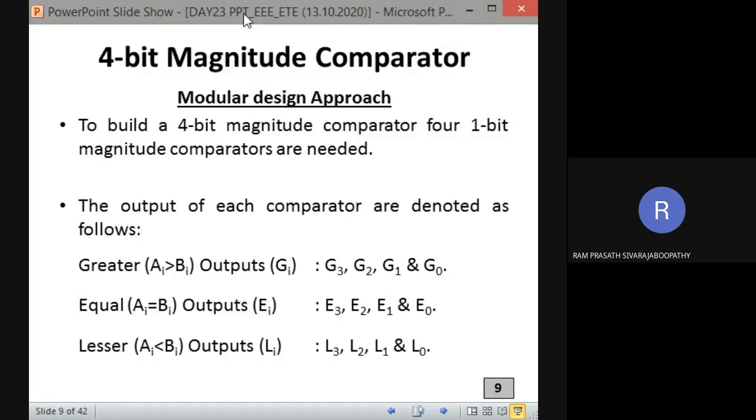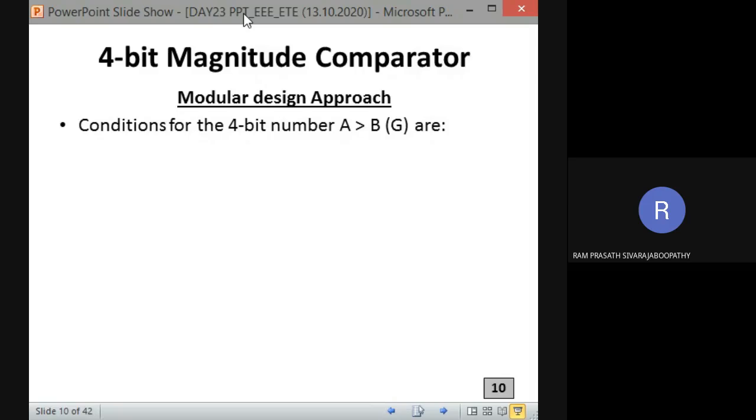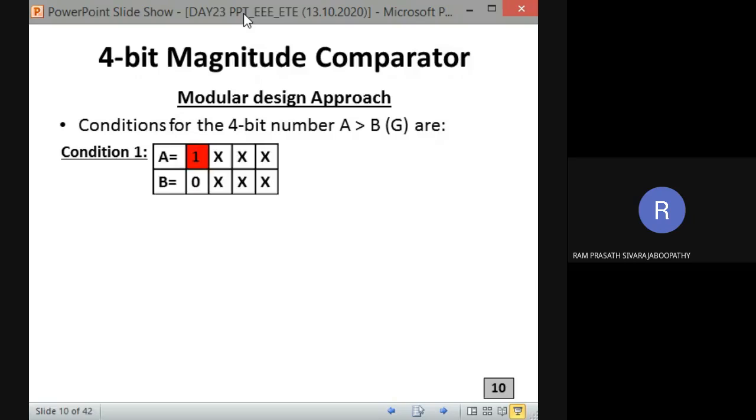Yes, okay. Now, condition for a 4-bit number A greater than B. A greater than B இருக்குன்னா conditions என்னன்னு பார்க்கலாமா? First thing, condition 1. We are having this combination A equal to 1, B equal to 0. The MSB. See, when you are comparing two numbers, from which side will you look at the numbers?